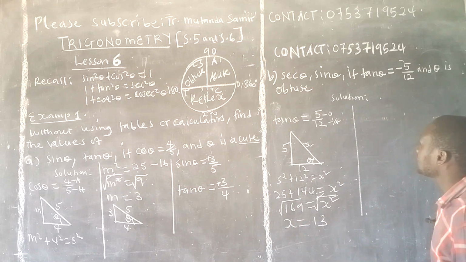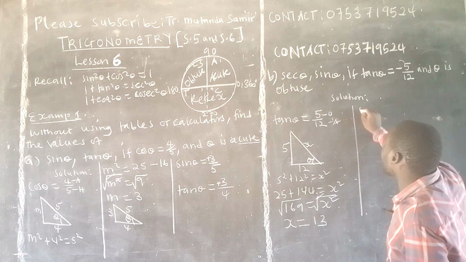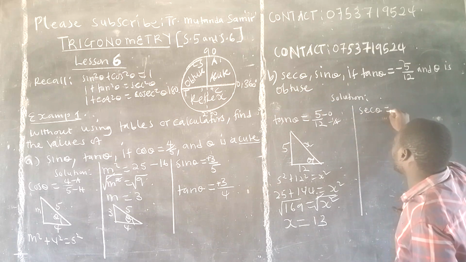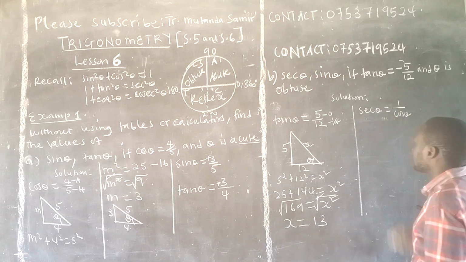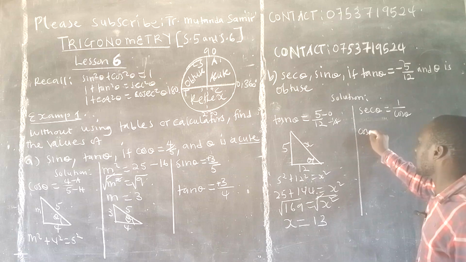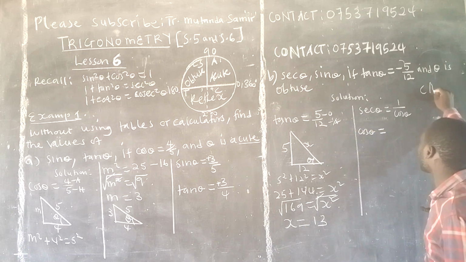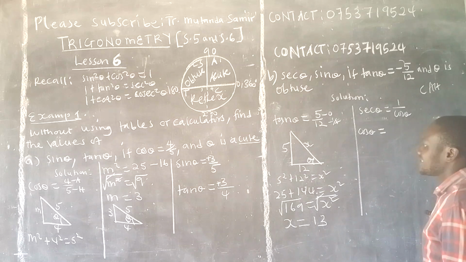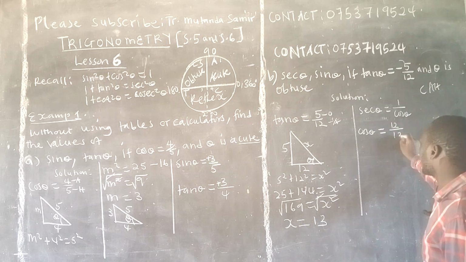After having that 13, you now come and read off sec theta. But you all know that sec theta is the same as 1 over cos theta, a reciprocal. So what you do, come and get cos theta. So cos theta will be equal to, from SOHCAHTOA, adjacent, which is 12, and hypotenuse, which is 13.